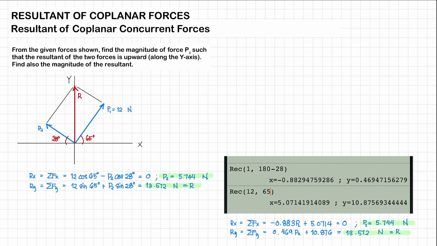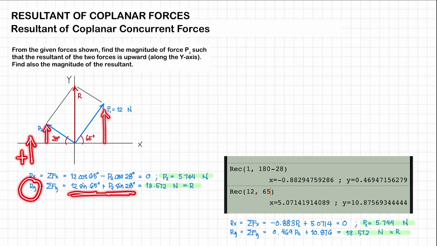So for the vertical component of our P1, it's just going to be 12 sine 65 degrees. And for the vertical component of P2, it's just going to be P2 sine 28 degrees. So they are positive because we're assuming a positive direction of going up. Alright? So this whole thing is going to be equal to Ry.